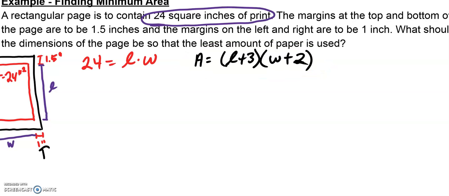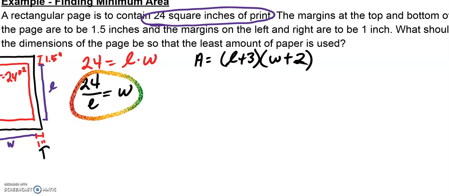So over here, we're going to take this equation, solve for either L or W. It doesn't really matter. So let's divide out the L. So 24 over L is equal to W. And we're going to take this and plug it right in here for W. And then find the derivative.